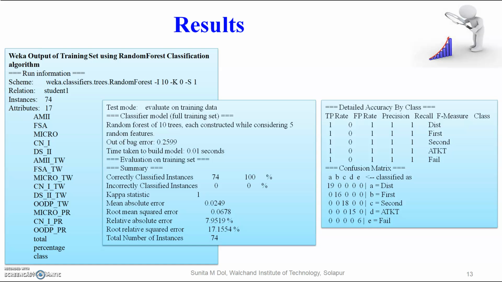Third part of the WEKA output is shown here. It shows the confusion matrix in which out of 74 students, 19 students are classified as distinction, 16 students classified as first class, 18 students classified as second class, 15 students classified as ATKT, and 6 students are classified as fail. So this data is matched with the real data.